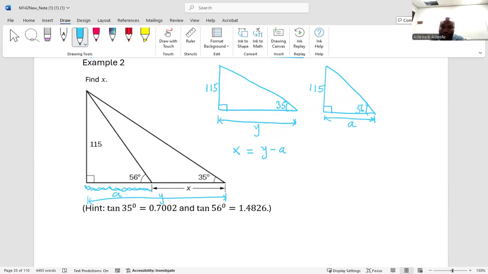Now let us see if we can form something from this triangle and this triangle in terms of y and a. In this triangle, y is adjacent, and this side we are given is opposite. So again, tangent is what brings them together. Now we have tangent of 35 degrees equals opposite, which is 115, divided by adjacent, which is y. Therefore, y equals 115 divided by tangent of 35 degrees.